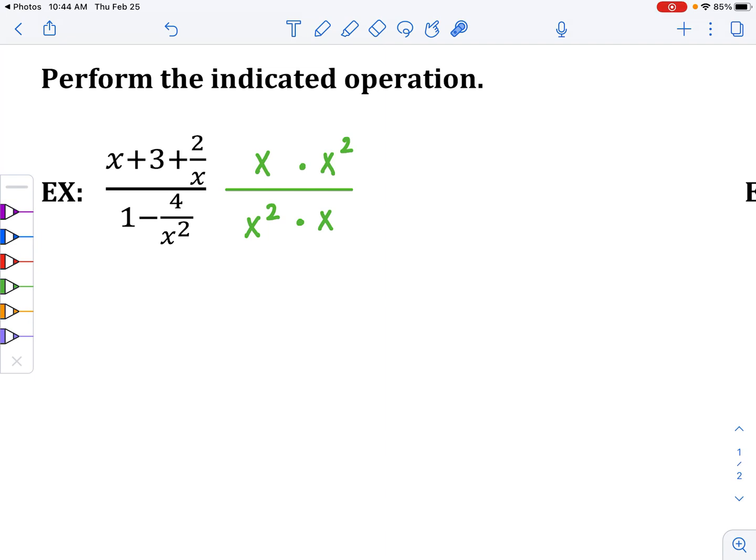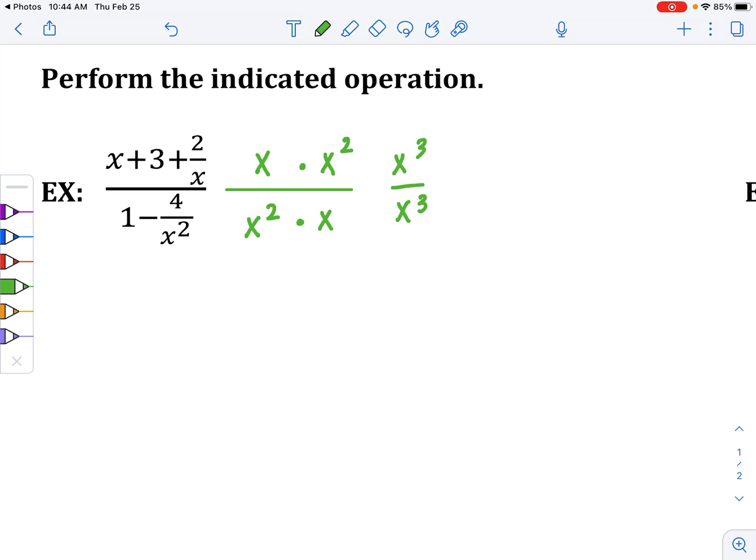So look at this. I know I want to multiply x to get rid of here. I know I want to multiply x squared to get rid of this. Really, these two can just be noted as I'm going to multiply the top by x cubed and the bottom by x cubed. Think about your rules with multiplying like bases. So I might just think of this as multiplying x cubed over x cubed.